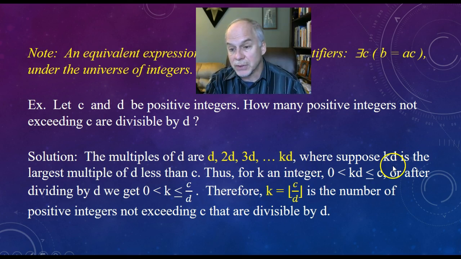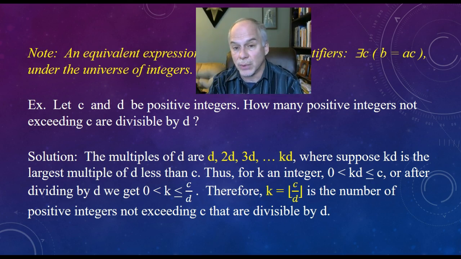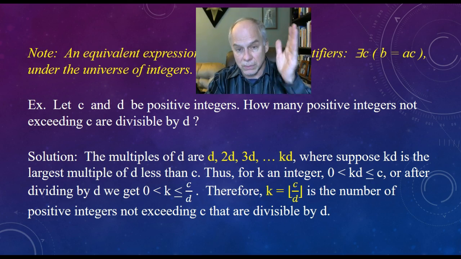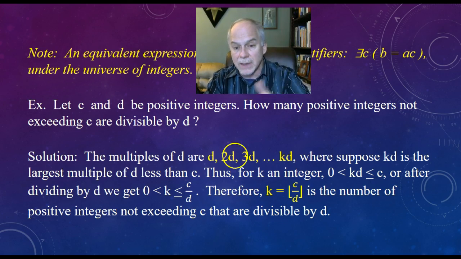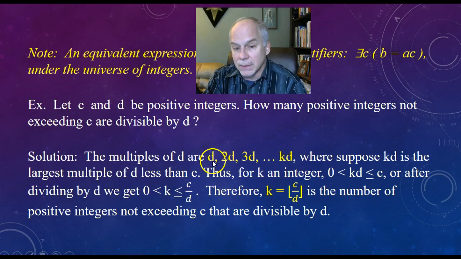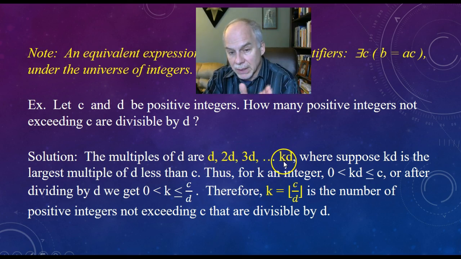k times d, where suppose kd is the largest multiple of d that's less than c. Okay, so in other words, let's say c was 69. So we're talking about the multiples of 7, let's say, up until you get to 69, but don't go over that. So 69 is like the c here. But these multiples, there'll be a highest multiple that does not exceed c.